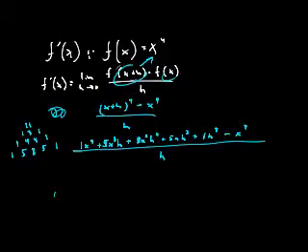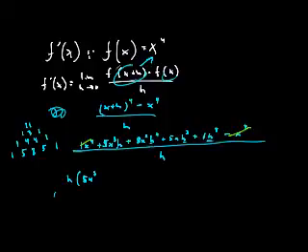Now, there's really not a whole lot that we can do here. There may be a couple of things. So we can cancel out this x to the fourth and this x to the fourth, which leaves us again with a really big ugly thing. Now wait, all of these have an h in common. So I suggest that we take out an h off the bat here, because then we have an h in the denominator and we can cancel that out.